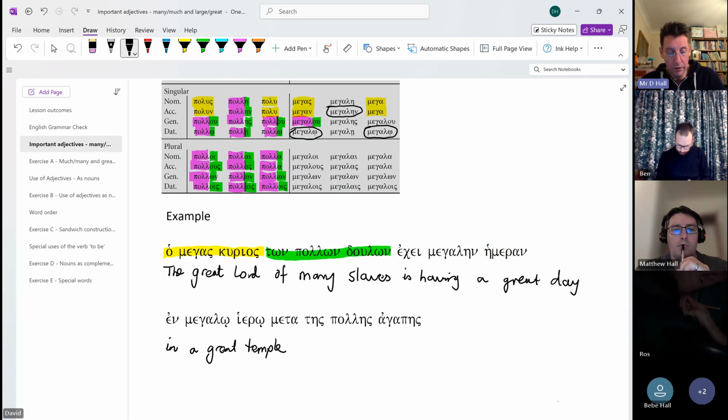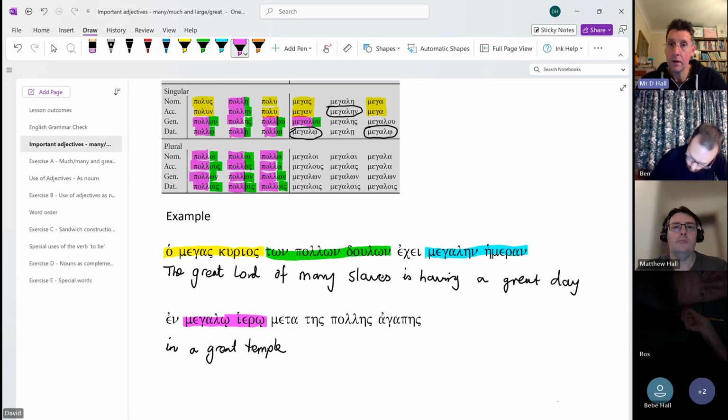All right, so we spot that I was supposed to be highlighting these as I go. Almost going to run out of colors. So we've got a great temple, and we have another preposition, which is meta. Meta could take two cases. So meta, if it's followed by words in the accusative, means something different to if it's followed by the genitive. In this case, it's the genitive, so it means with.